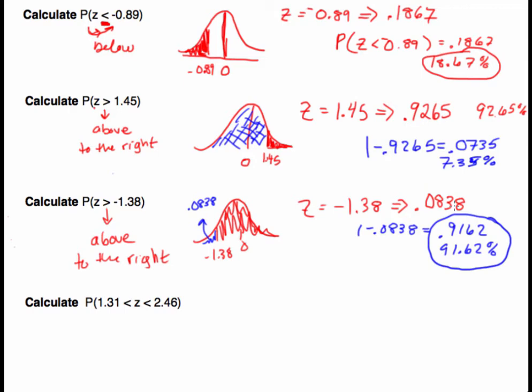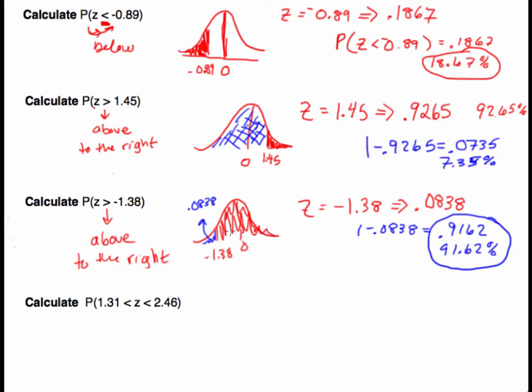However, as I know from working with the chart, that area is here in blue. Every time you use the chart, you will be given the area to the left of that value. So when I found 0.0838, I shaded that to the left, labeled it, and realized that if I want the area to the right, I'm going to have to subtract from 1.